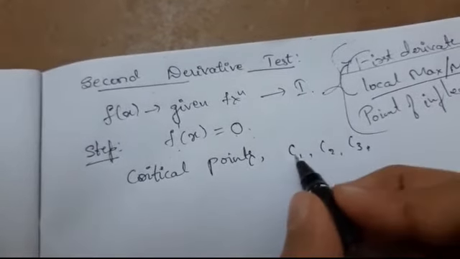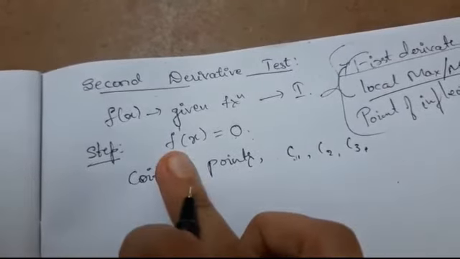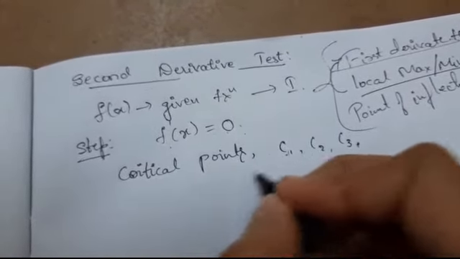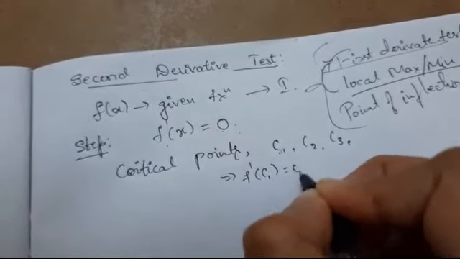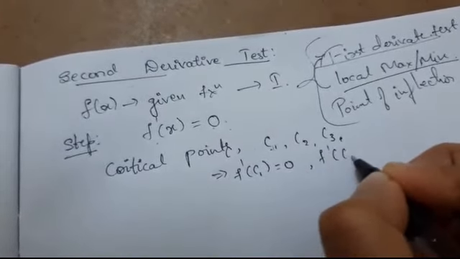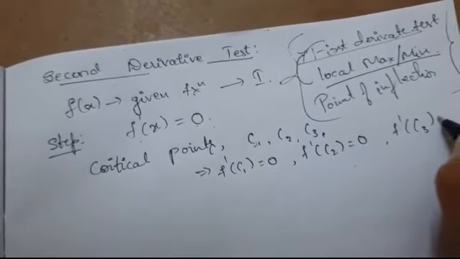Now you clearly know that f dash of C1 is equal to 0, f dash of C2 is equal to 0, and f dash of C3 is also equal to 0.